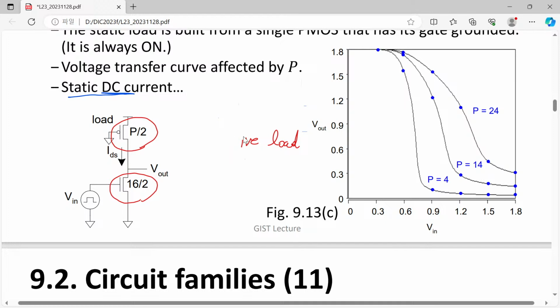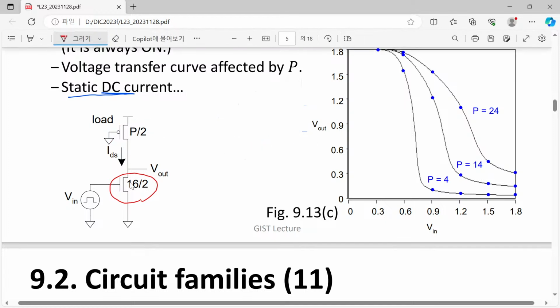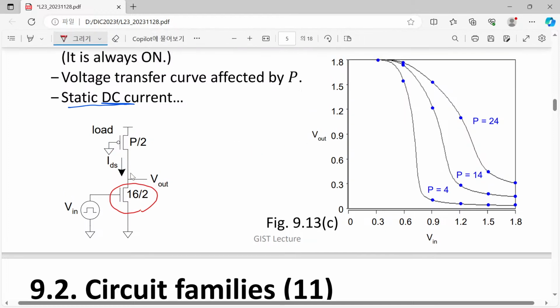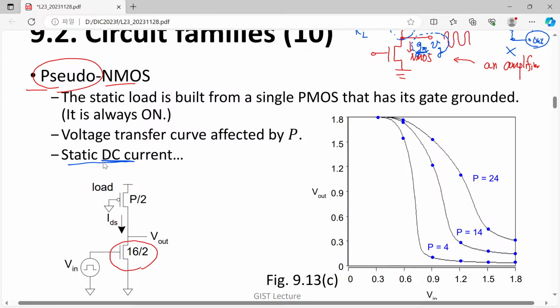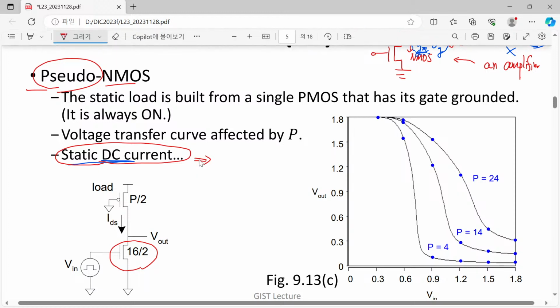But the biggest problem of this kind of approach is, once again, static power consumption. We are really power hungry these days, and this power consumption was the reason why NMOS-only or PMOS-only technologies became extinct.